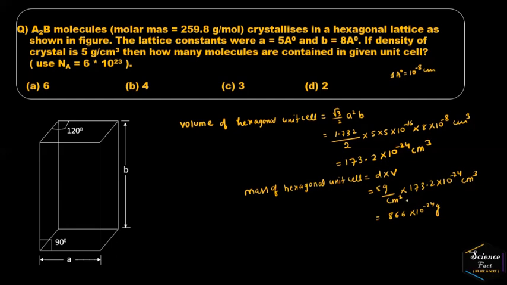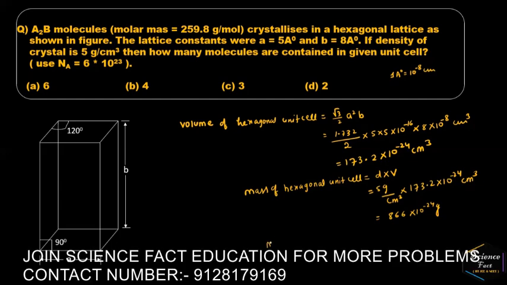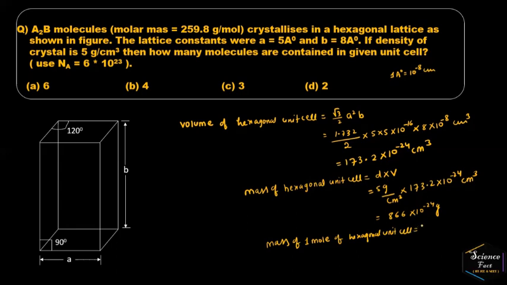Mass of 1 mole of unit cell. If you want to find out the mass of 1 mole of hexagonal unit cell, that will be equal to 866 into 10 to the power minus 24 gram into Avogadro number, and according to the question we have to take Avogadro number equal to 6 into 10 raised to the power 23 per mole.